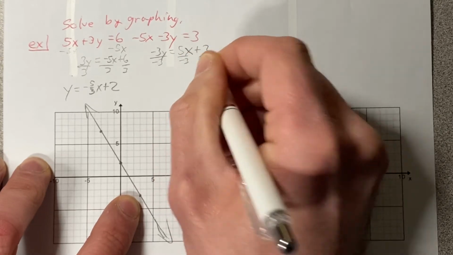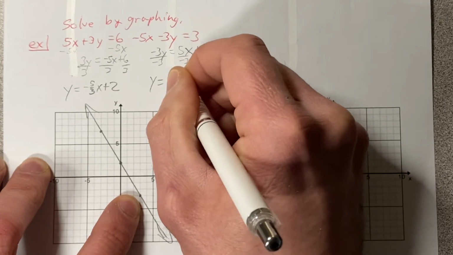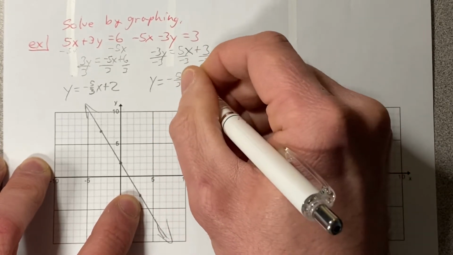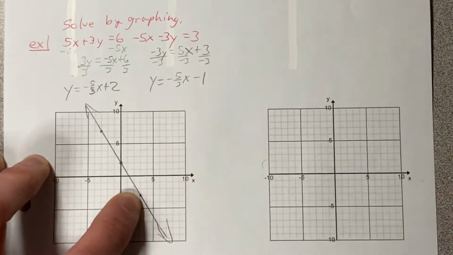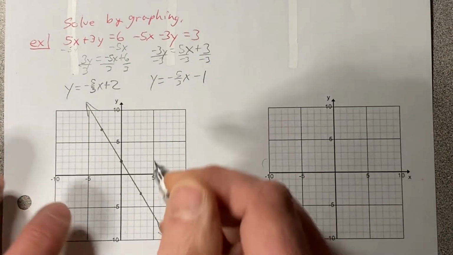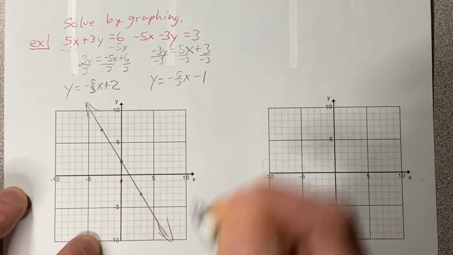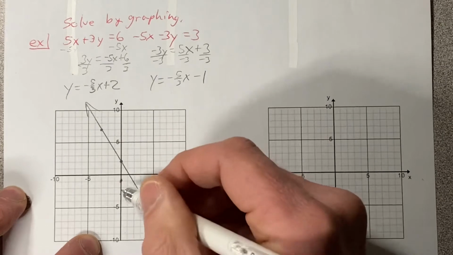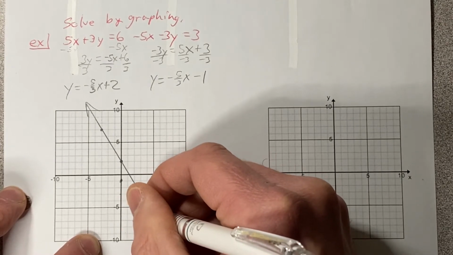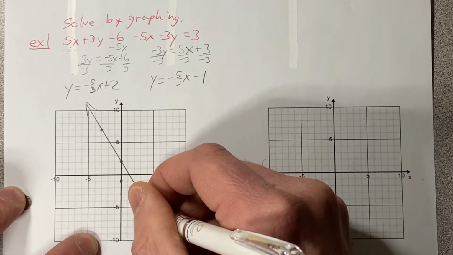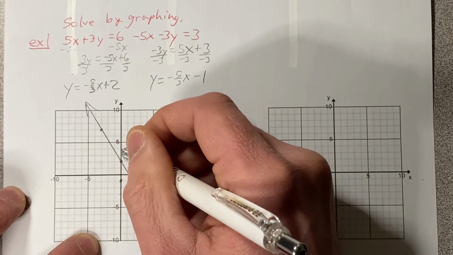Divide everything by -3, and this time I get a slope of -5/3, and then we got the x, and then the y-intercept of -1. So I'll go to -1. Oh yeah, and look at that, same slope, isn't it? You can either go down 5 over 3, or if you want, you can go up 5 and back 3.